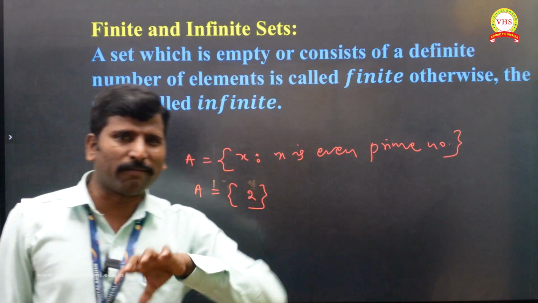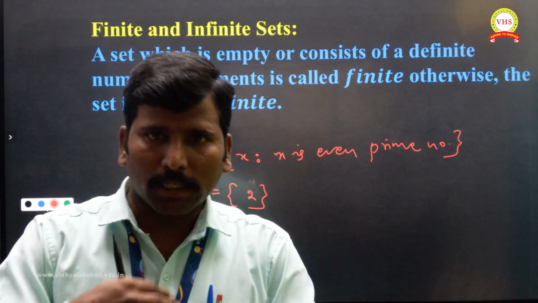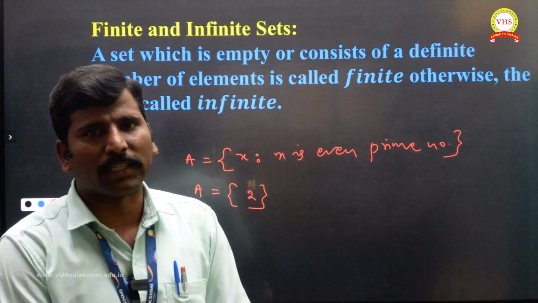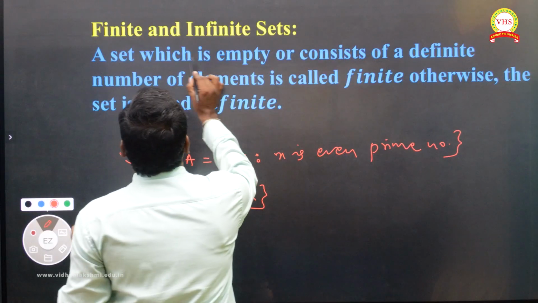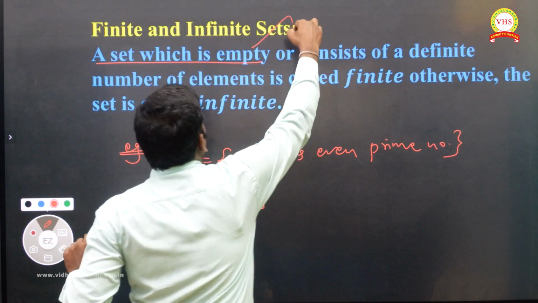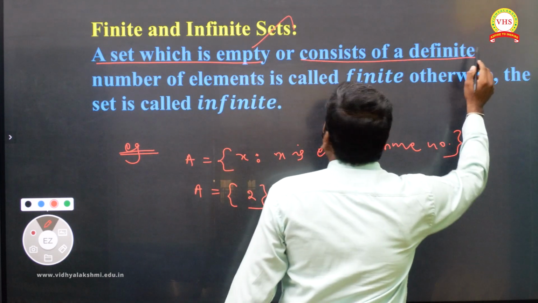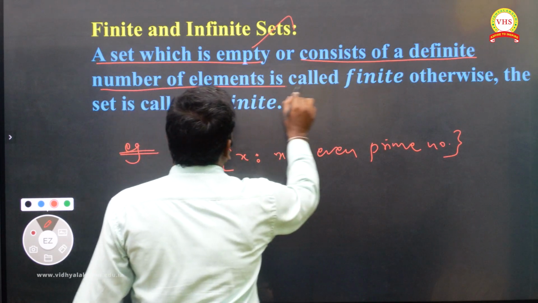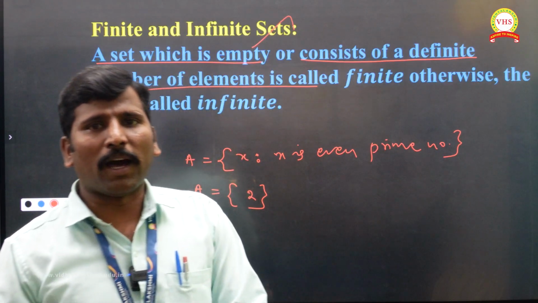So this is countable. Finite means very easily we can understand when we have a last number or countable terms. We can say that it is finite. See, a set which is empty, even the empty set we can say is a finite set. It consists of a definite number of elements, in the sense of a countable number of elements or a last term.